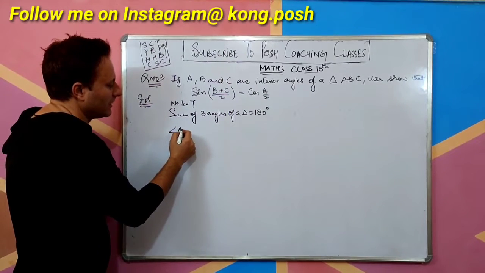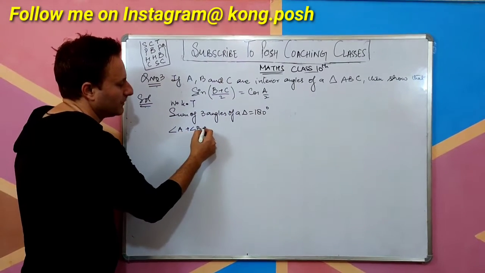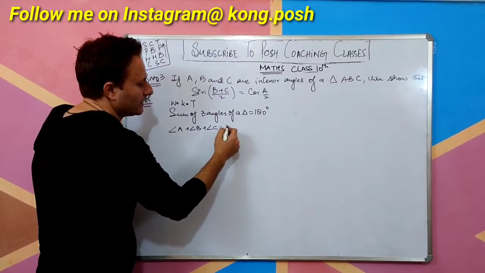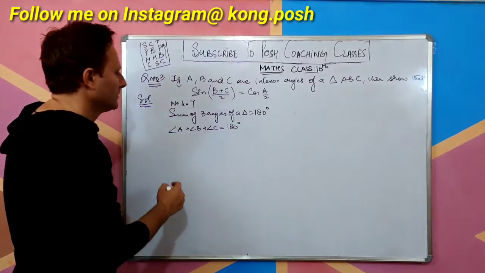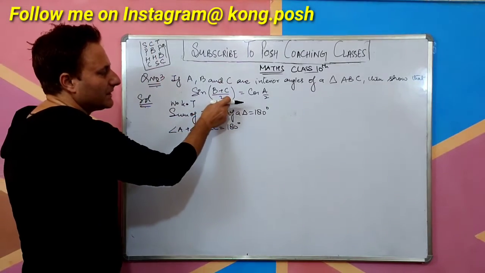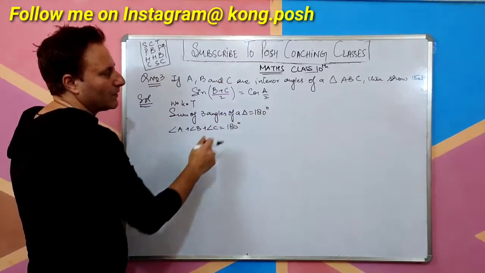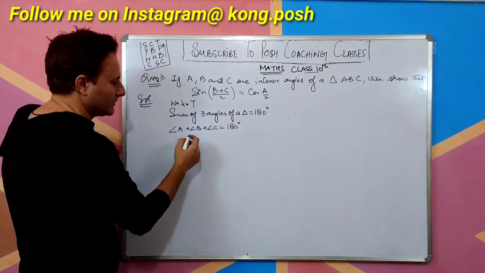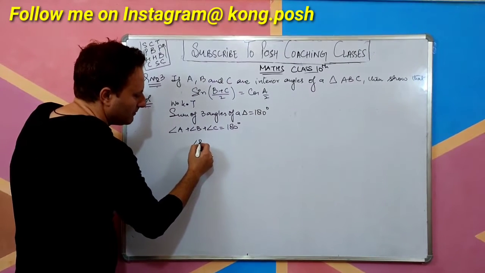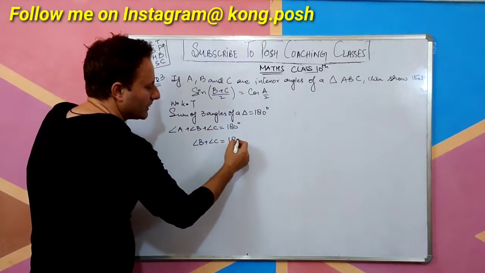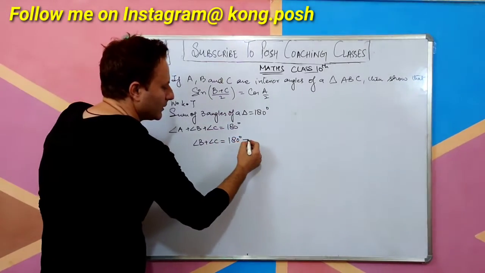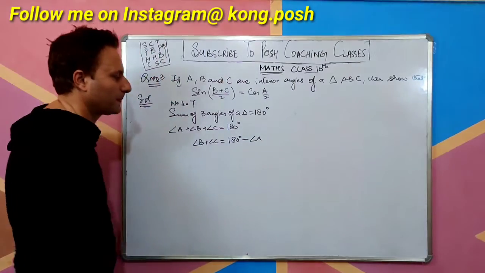It means angle A plus angle B plus angle C is equal to 180 degrees. Now I can see there's B and C on one side, and A on the other side. So I'll keep B and C here, and I will take angle A to that side. It becomes minus angle A.